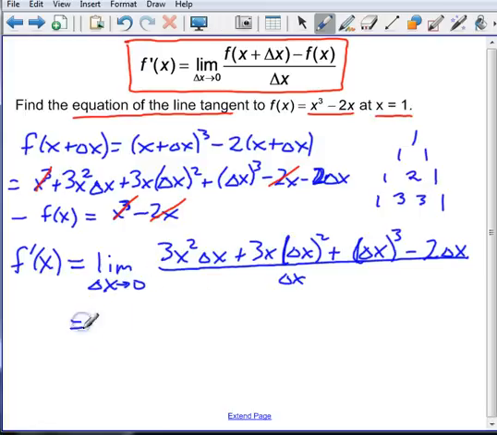Alright, so on top, I can factor out a delta x. And that's key, because once I factor that out, I can cancel that one in the denominator.